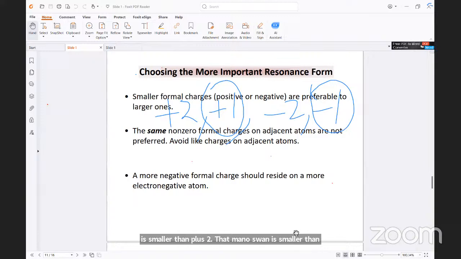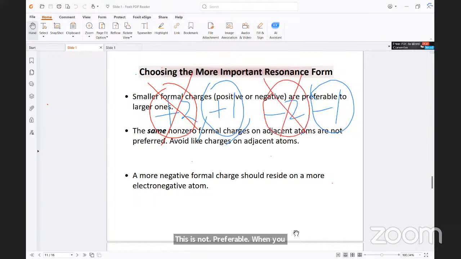Meaning that when you write its formal charge and it has plus 2, this is not preferable. When you have minus 2, this is not preferable. But this and this are preferable when you are looking at formal charges.